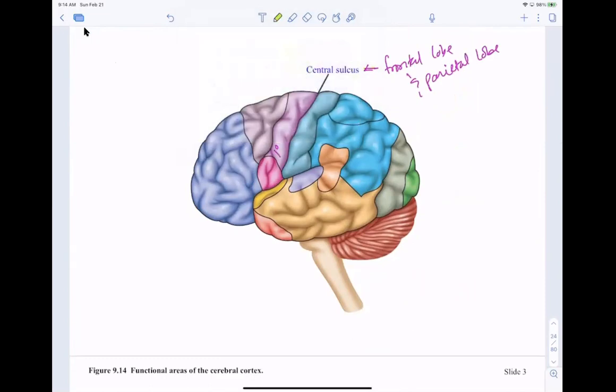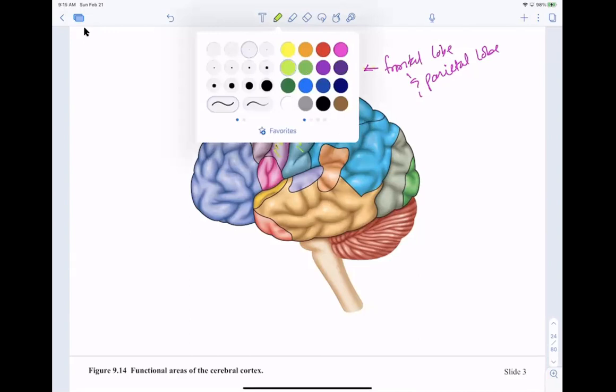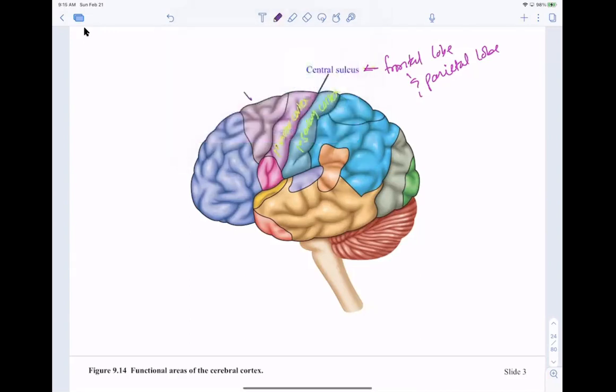And again, when I say it's motor in the front, sensory in the back, this is the primary motor cortex. And this is the primary sensory cortex. And remember, I'll say it again and again: motor in front, sensory in back. And so what you're going to find is that in front of the central sulcus, these are motor neurons.